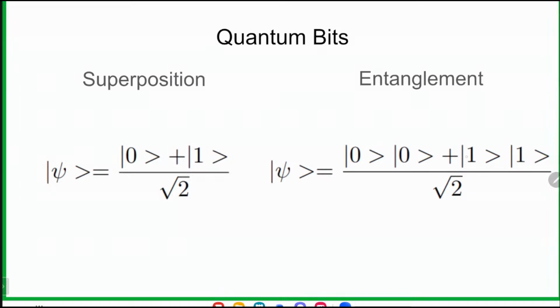Or vice versa, if we get 1, then we are assured that the other qubit will also give 1. These two properties of quantum bits are what make them special and different from classical bits, generally speaking.